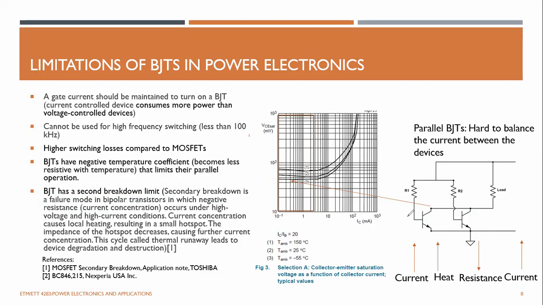The first limitation is you always have to provide a constant current to turn on the device. So your controller power consumption is large. For example, if you take an Arduino to drive your transistor, and your Arduino runs on a battery, you might have to change the battery within 1 week because there's a huge power loss in your controller.